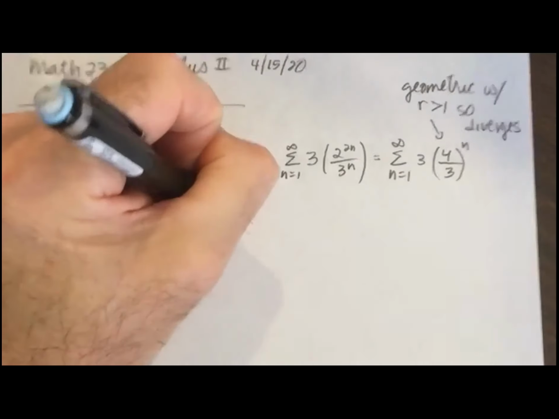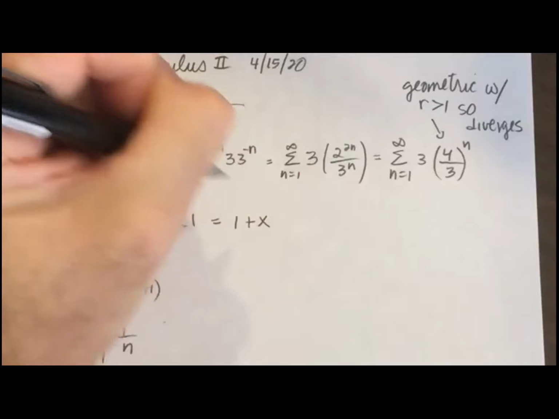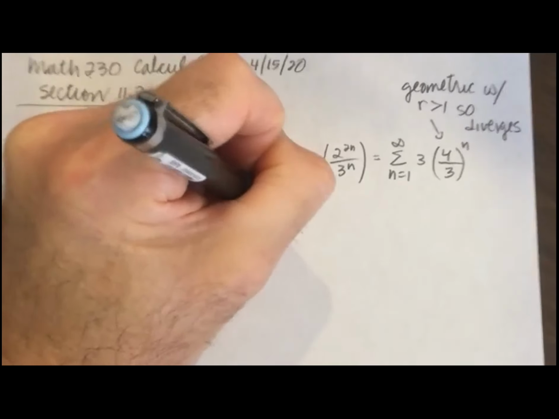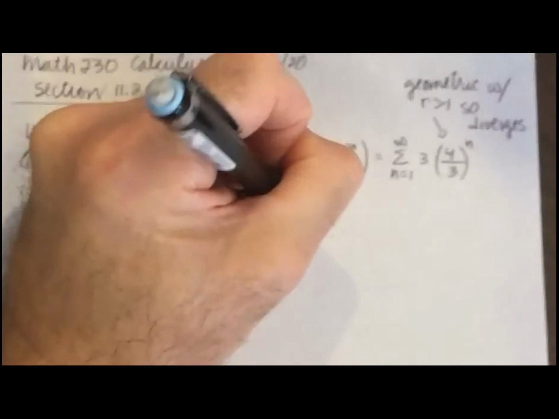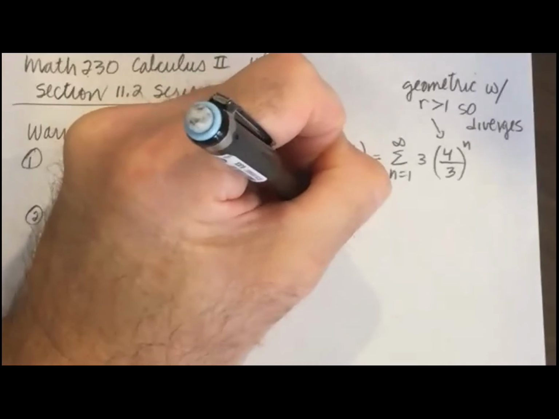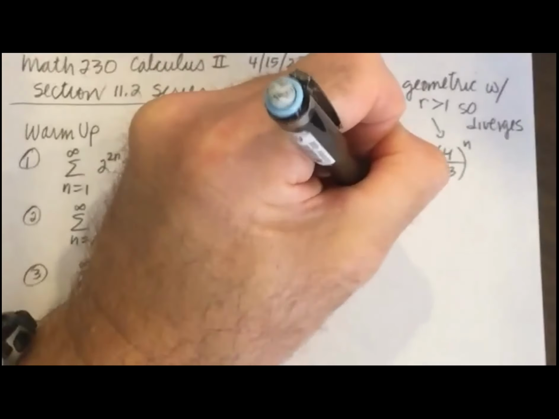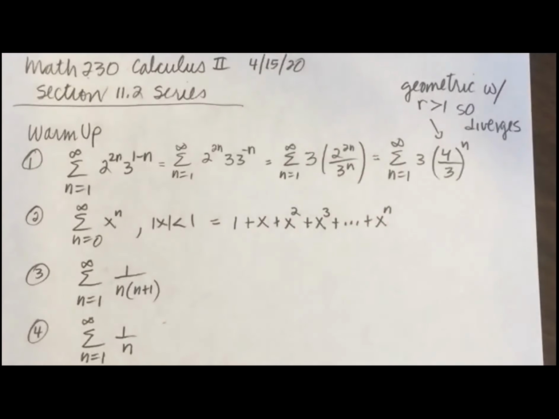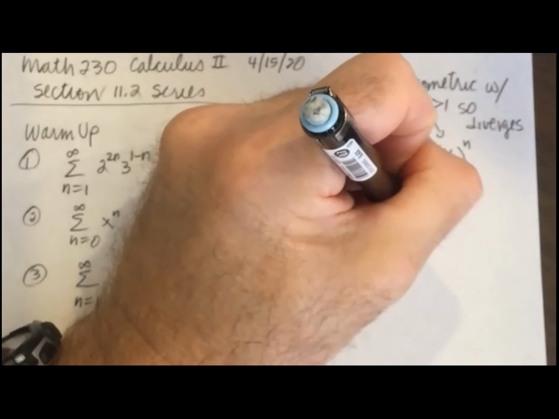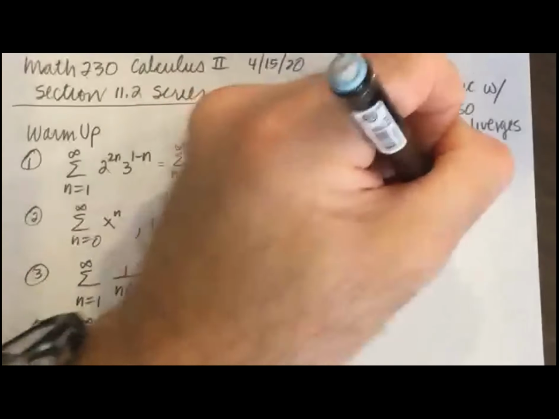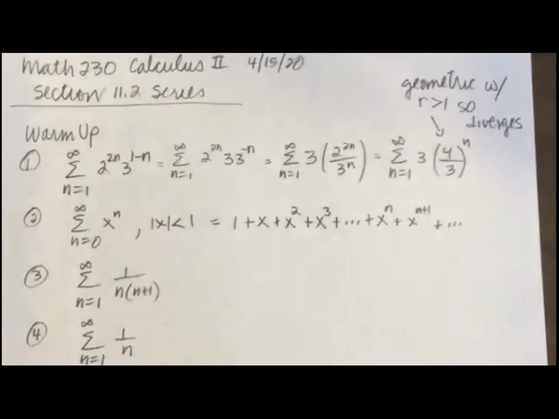X to the 0 is 1. X to the 1 is x. X to the 2 is x squared. X cubed, x to the 4th, 5th, 6th, 7th. X to the nth, and then x to the n plus 1, and then on and on and on as n goes to infinity.